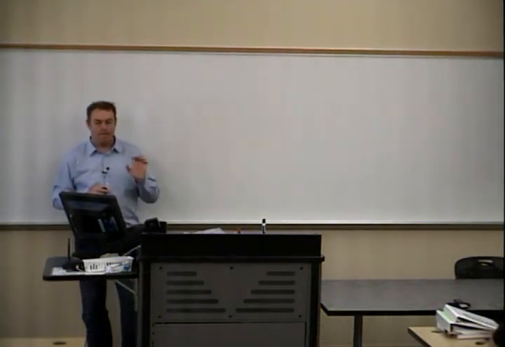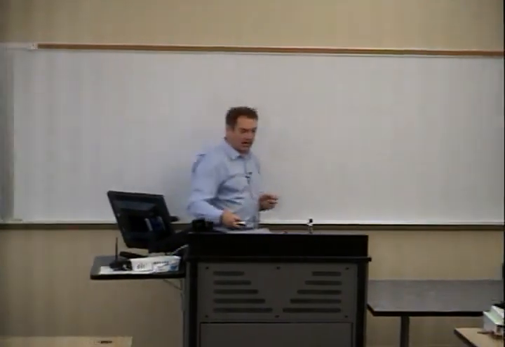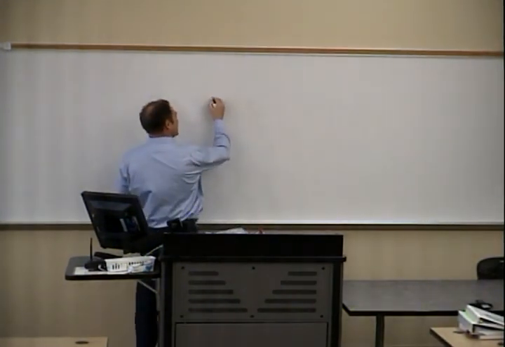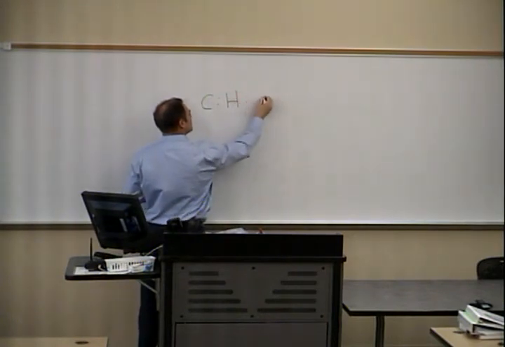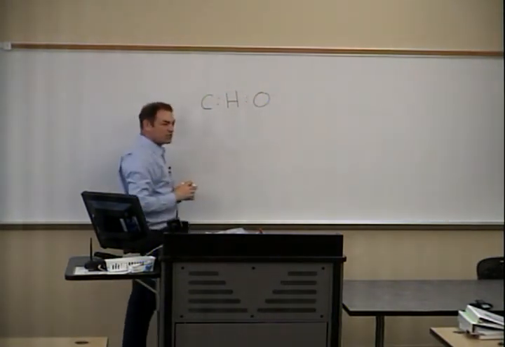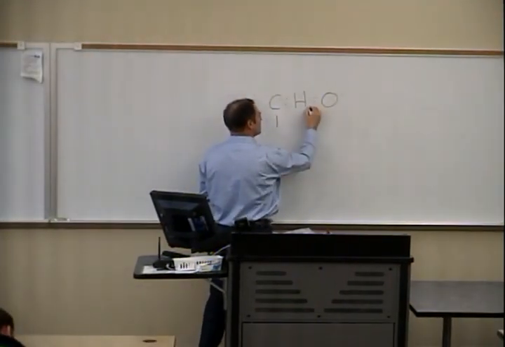All right, so let's have a look then at monosaccharides. Monosaccharides typically have a chemical formula that has a carbon to hydrogen to oxygen ratio of 1 to 2 to 1.